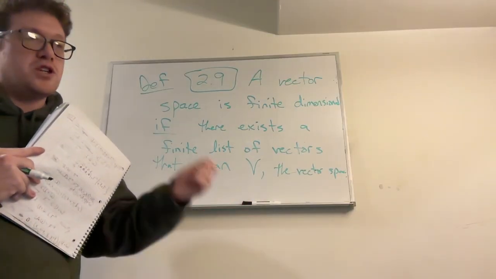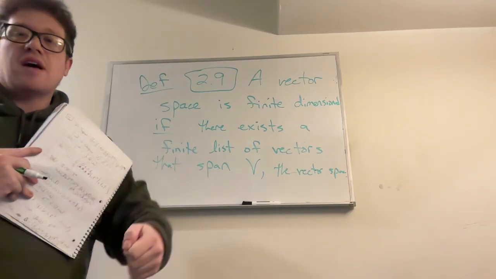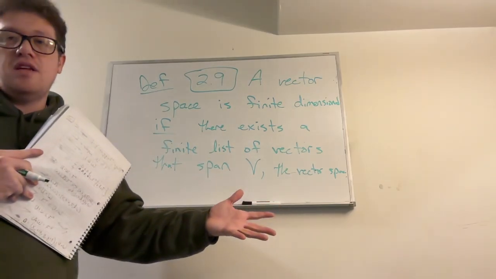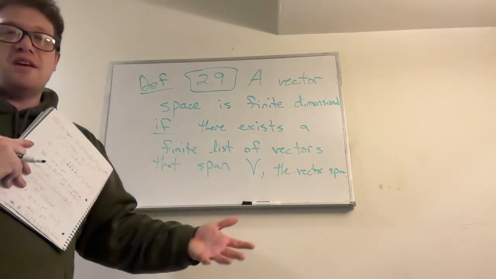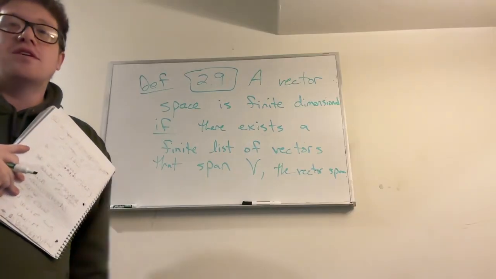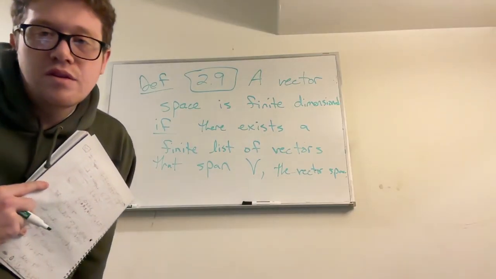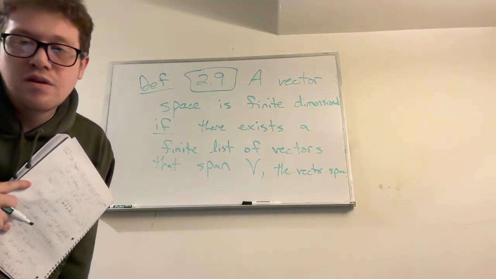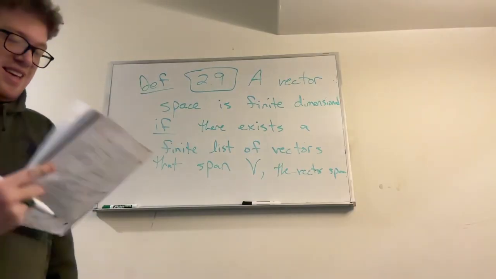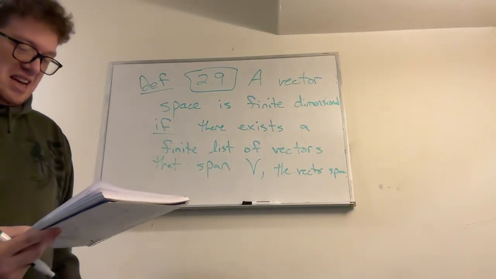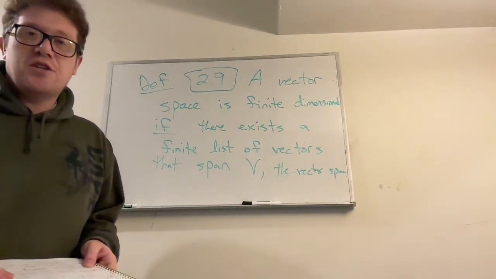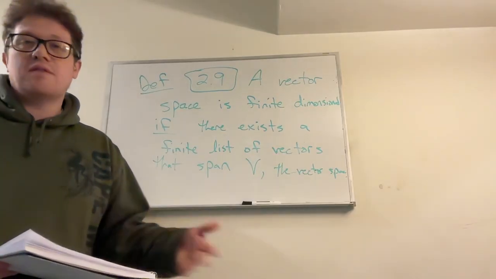You can write down some list of vectors, and every other vector can be created from that list as some linear combination. Okay, so finite dimensional if basically we can come up with some finite spanning set.